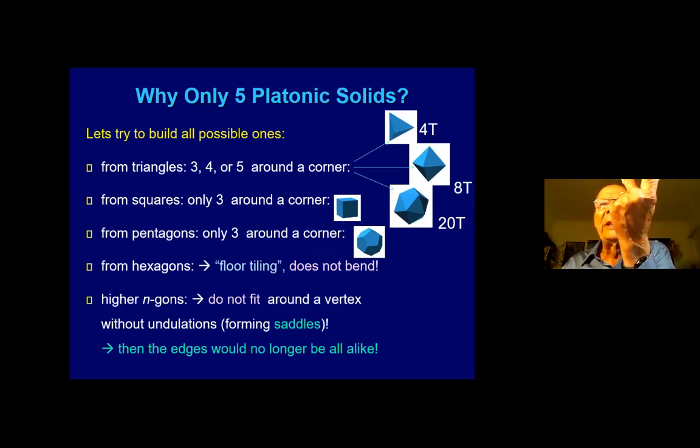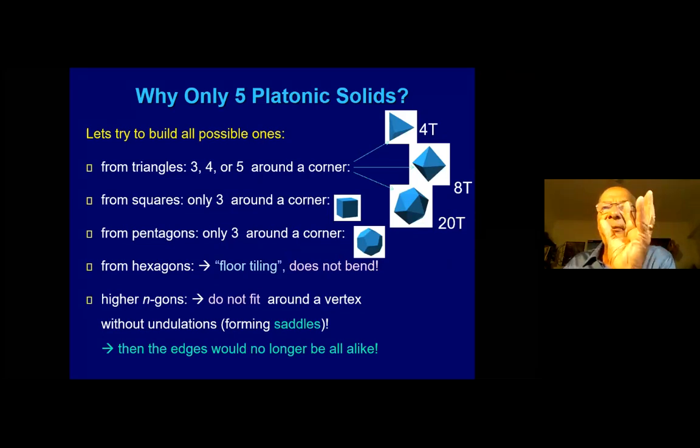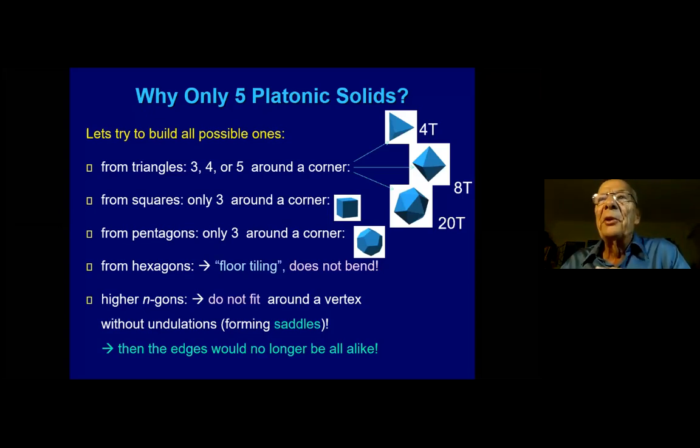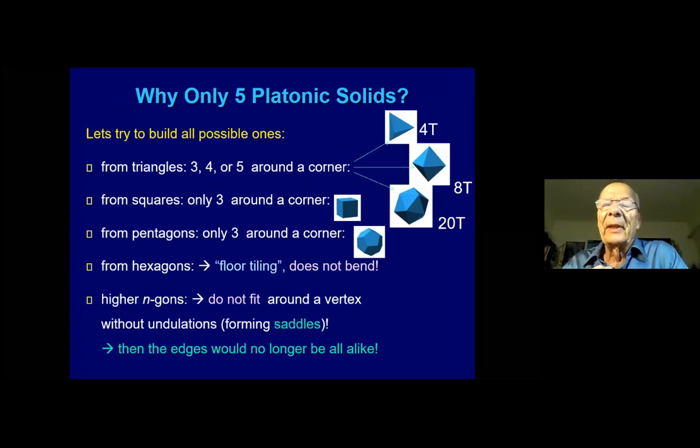So 3-sided pyramid or a 4-sided pyramid or a 5-sided pyramid. This leads correspondingly to the tetrahedron, the octahedron, and the icosahedron, which uses 20 triangles. But if we try to form a corner with 6 triangles, we just get a flat, infinitely large tiling.